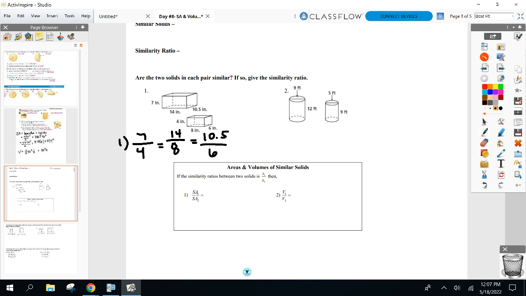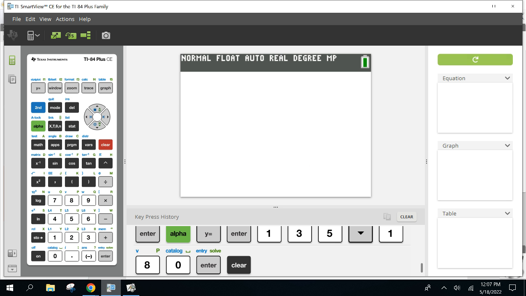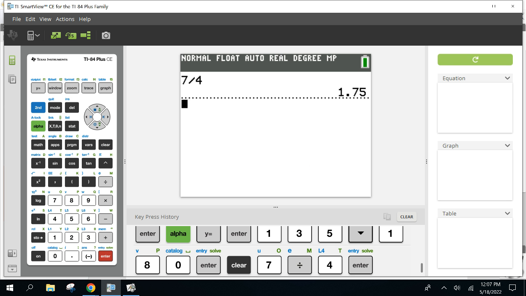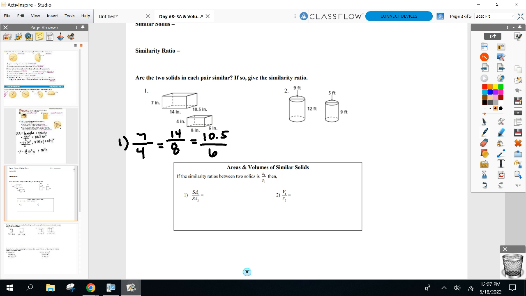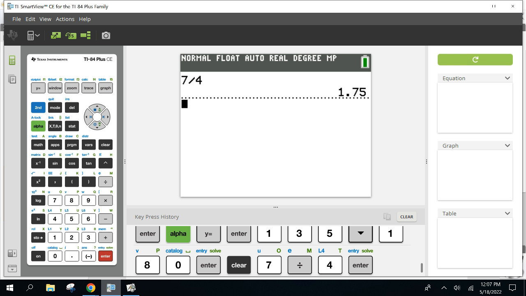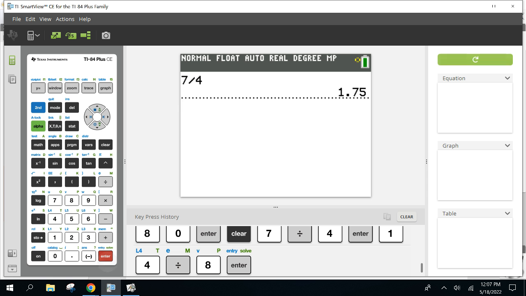How are you figuring out if they're in the same ratio, by the way? How do I know if all three of those fractions are the same? Simplify, go to your calculators. Yep, might want to have those out. Hey, 7 over 4, that's 1.75. 14 over 8, oh, 1.75.